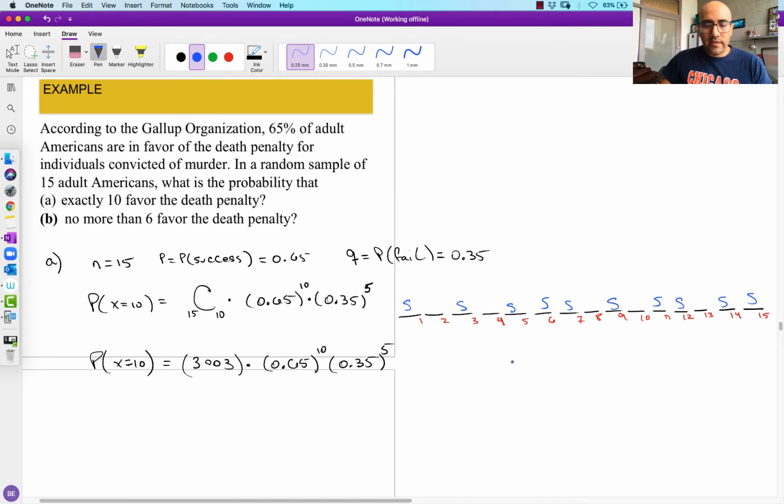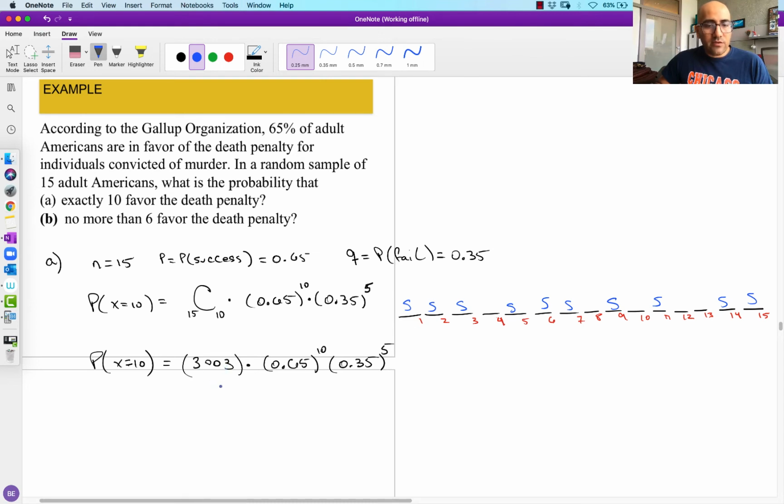Here's one way that that can be accomplished, right? Another way would be if maybe instead of this one, instead of that one, maybe it was this one that was a success. That's another way to do it. Or maybe instead of that one, maybe it was this one that was a success. So there's a lot of ways in which 10 out of 15 people can be chosen. And that's what this 3,003 is all about.